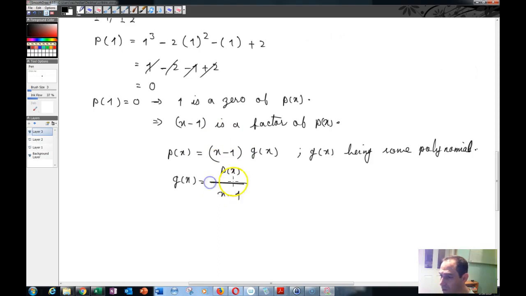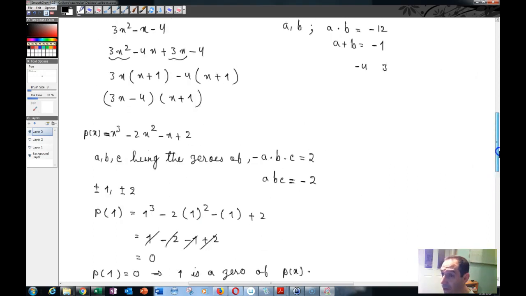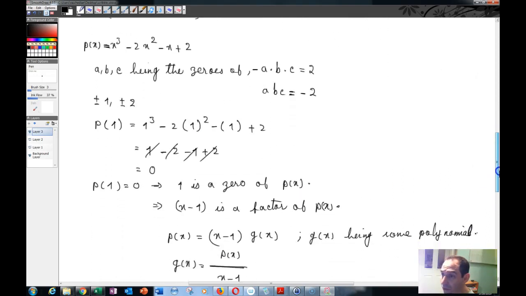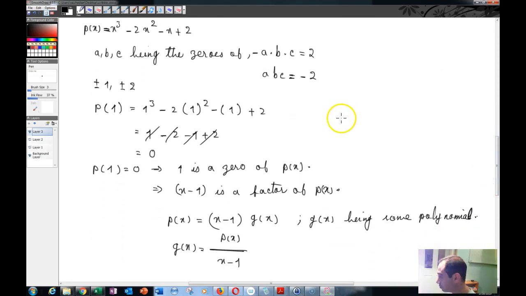So if I take P of X and divide by X minus 1, that's going to give me G of X. P of X over here was equal to this polynomial, X cubed minus 2X squared minus X plus 2, and I want to divide it by X minus 1.